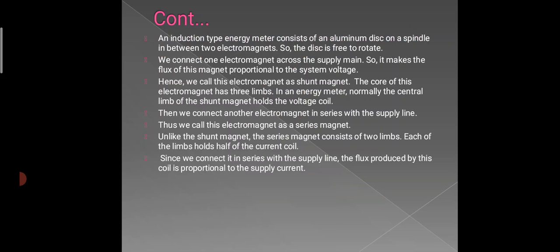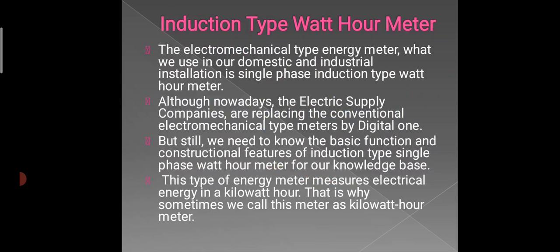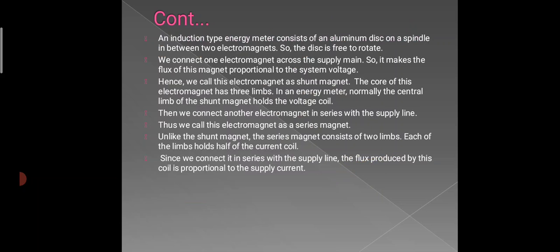We connect one electromagnet across the supply mains, so it makes the flux of this magnet proportional to the system voltage.